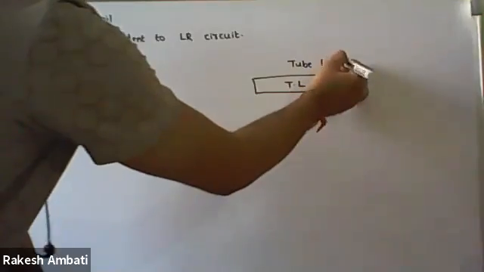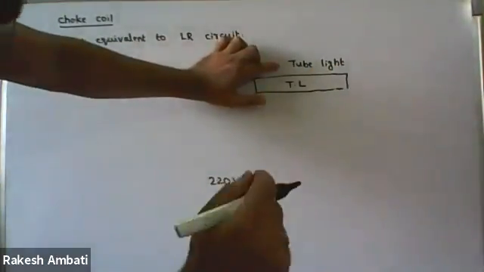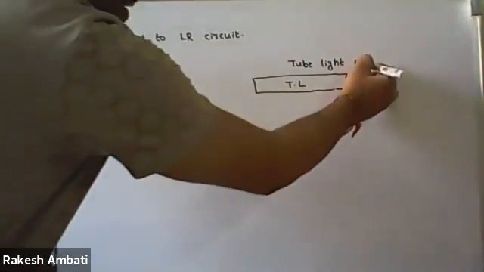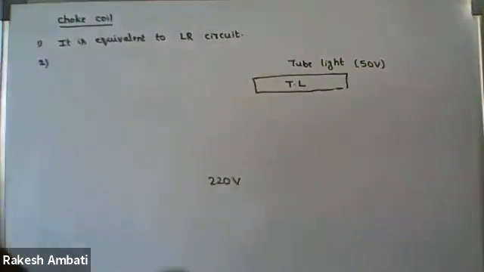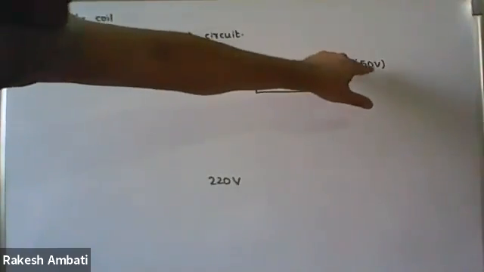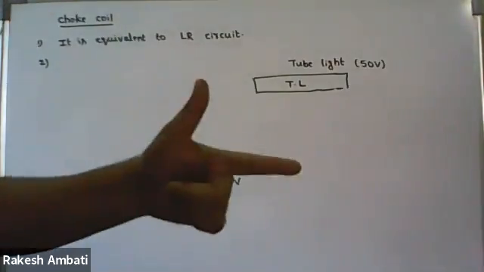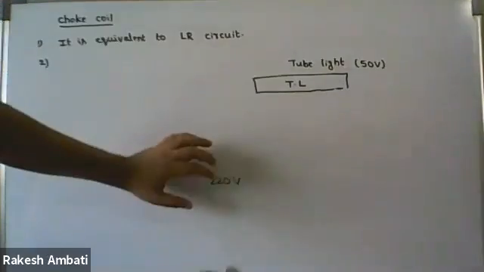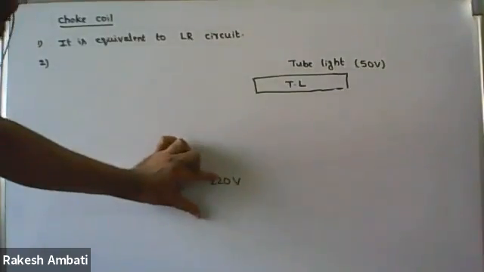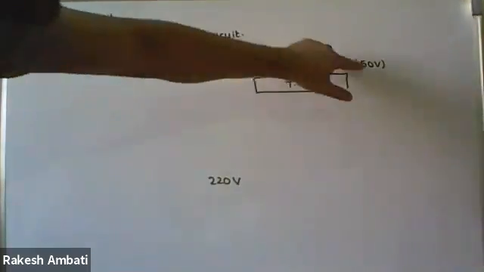It works under 50 volt, for example. So it is a voltage rating. In the previous chapters, we did voltage rating and power rating. So in our house, the main supply is 220 volt, but this tube light works under 50 volt.